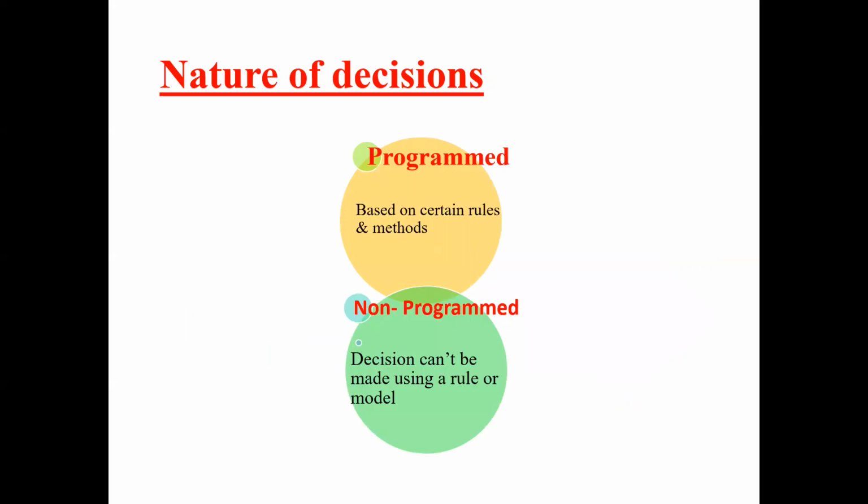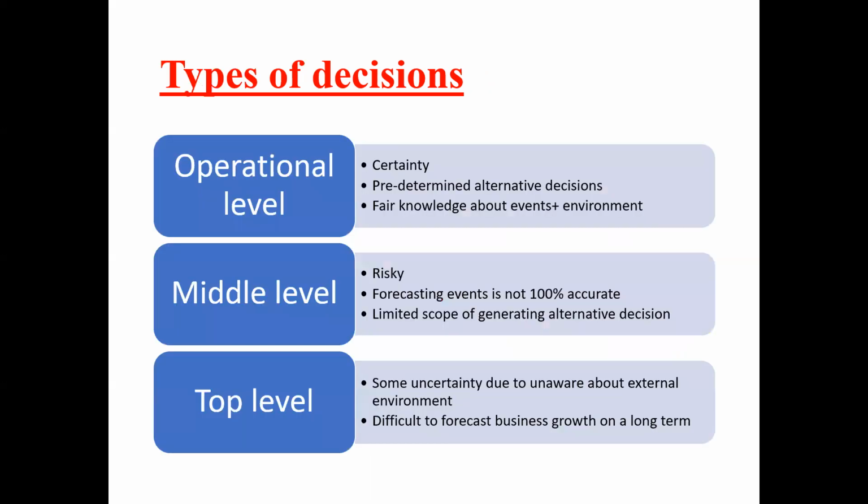Then there are two types of decisions, programmed or non-programmed. Programmed means these are based on certain rules and methods, whereas non-programmed decision means no method and rule can be applied to this.